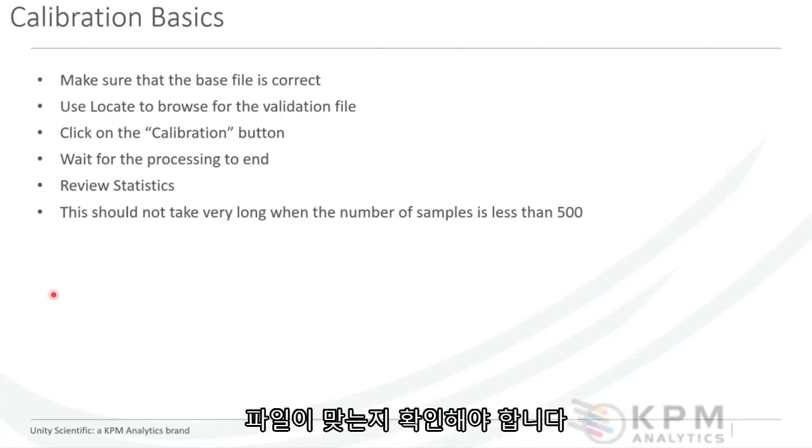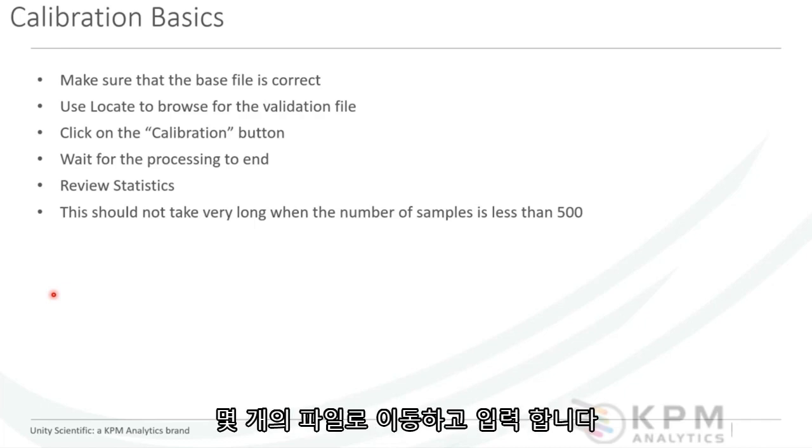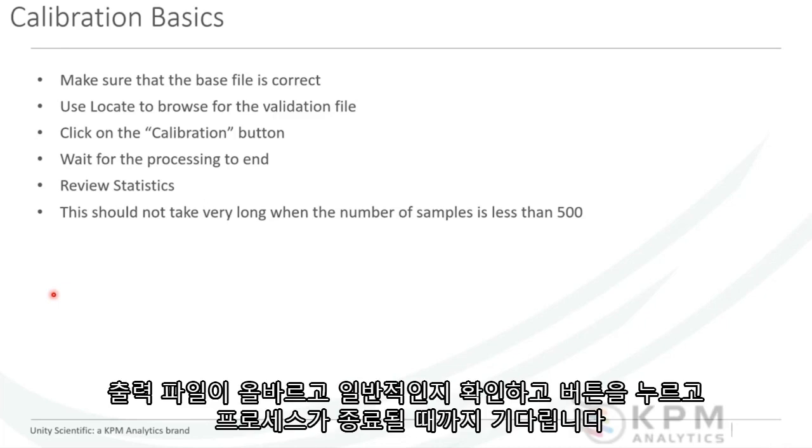You need to make sure that your file is correct. Go through a couple of file I/O type things. Make sure that your output file is correct. And generally, you're going to press the Calibrate button and wait for the processing to end.